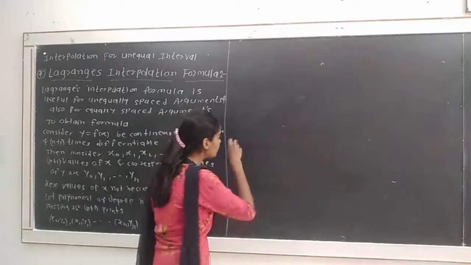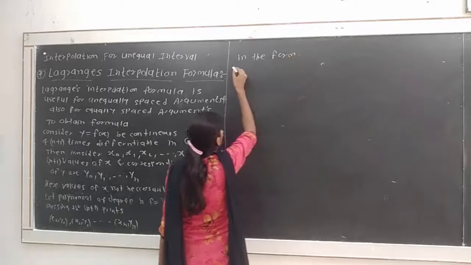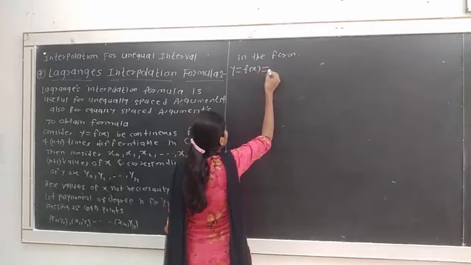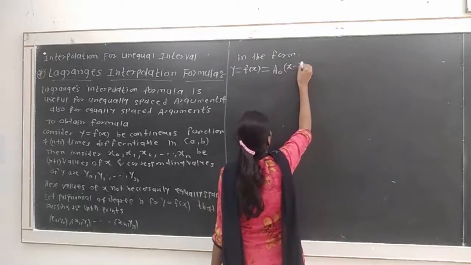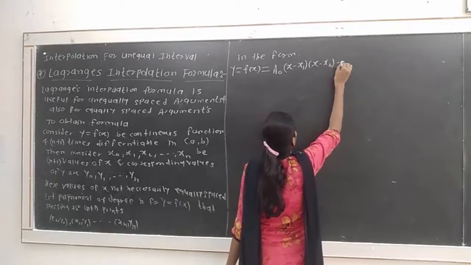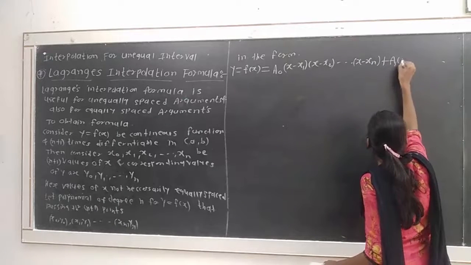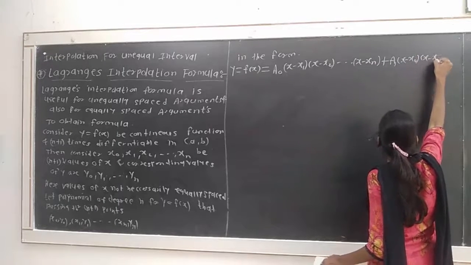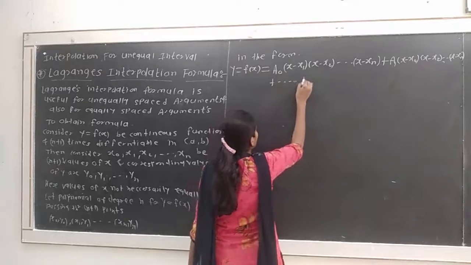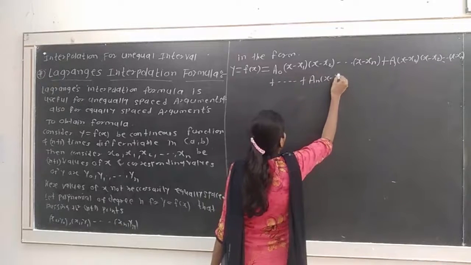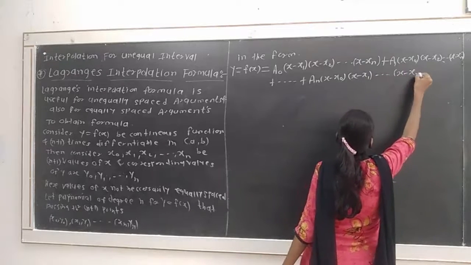We consider that polynomial in the form y is equal to f of x is equal to A0 (x minus x1)(x minus x2) up to (x minus xn), plus A1 (x minus x0)(x minus x2) up to (x minus xn), plus and so on up to plus An (x minus x0)(x minus x1) up to (x minus xn minus 1).